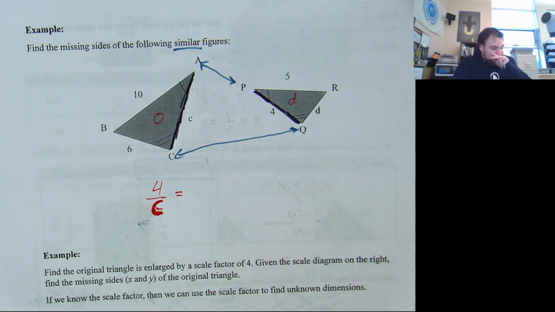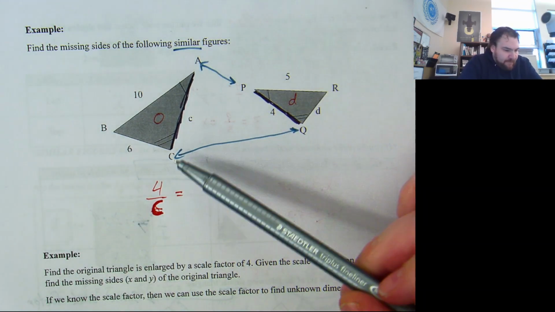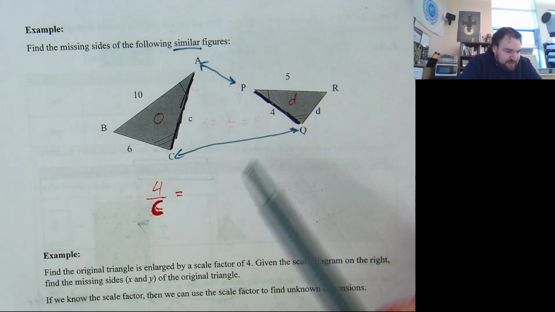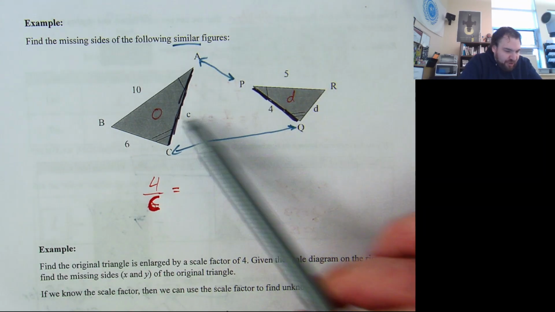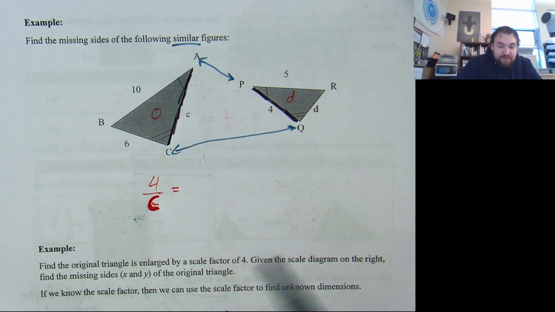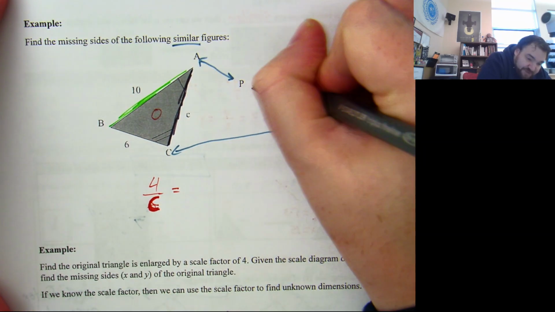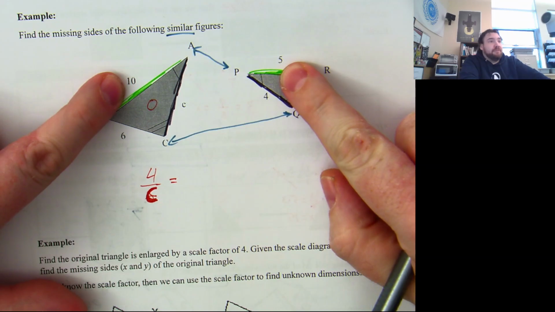Now, what sides can I use to help us out here? These 2 are going to correspond. What other sides correspond? The 10 here and the 5 here correspond, and I know both of those values.